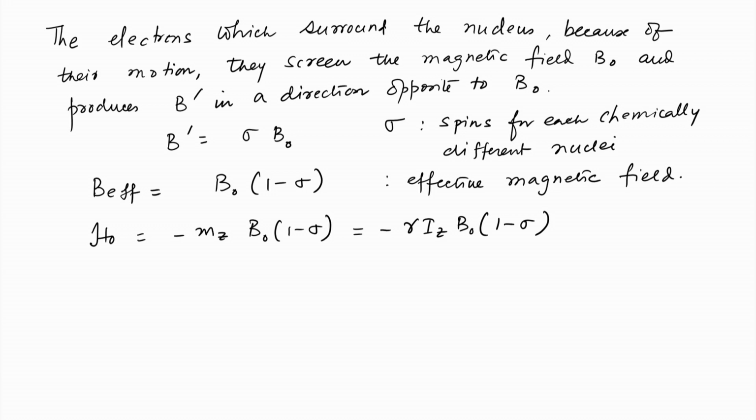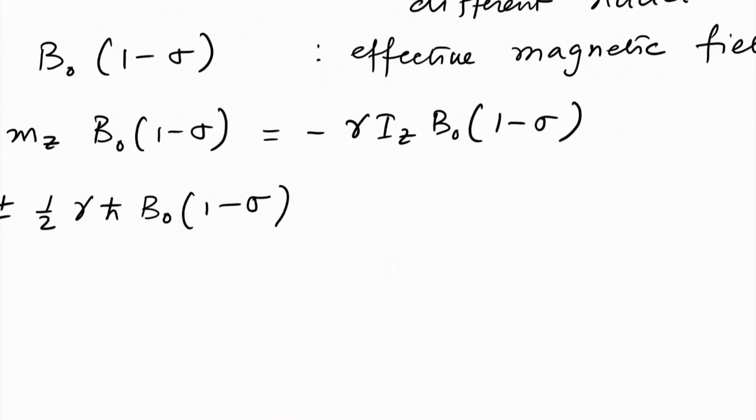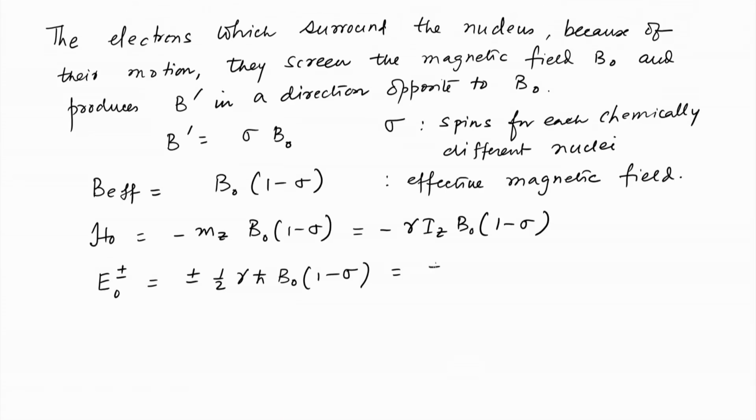So, in presence of an external magnetic field B 0, a proton in a molecule will actually experience a magnetic field that is given by this quantity, which is known as B effective, and the corresponding energy values, let us call that E 0 plus minus, just the way we have talked about, is plus minus half gamma h cross B 0 times 1 minus sigma, which is simply equal to plus minus half h cross omega. So, your omega 0 is what we have used.